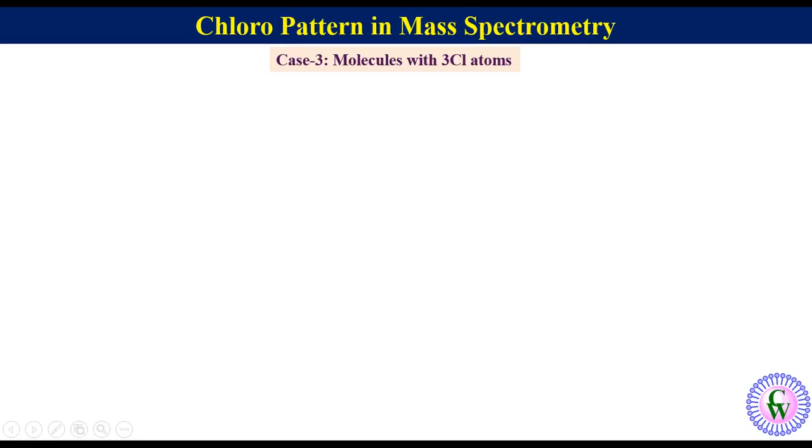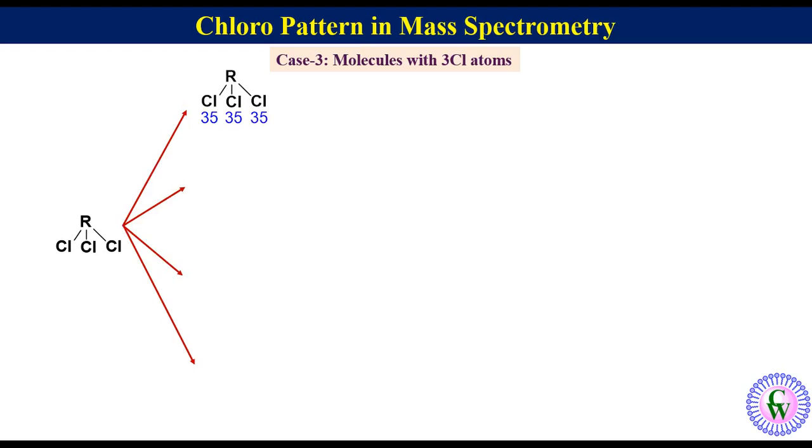Let's study case 3 in which a molecule has 3 chlorine atoms. We can represent the molecule as follows: based on the isotopic distribution of chlorine atoms, there are 4 possible sets of molecules. Molecules with 3 Cl35 isotopes, molecules with 1 Cl37 and 2 Cl35.